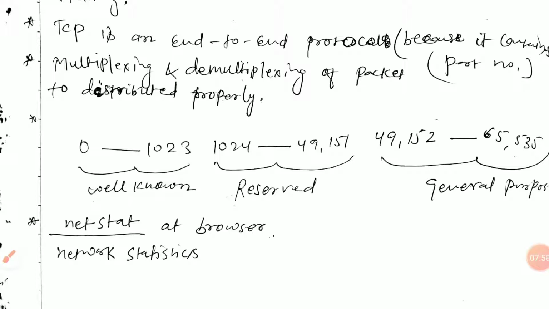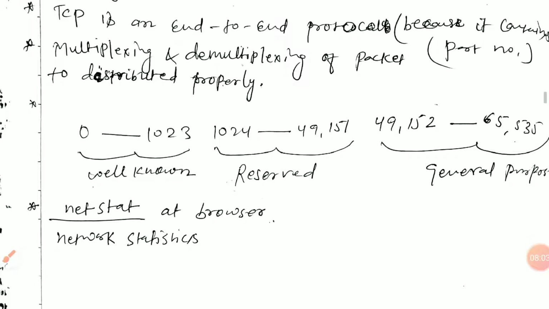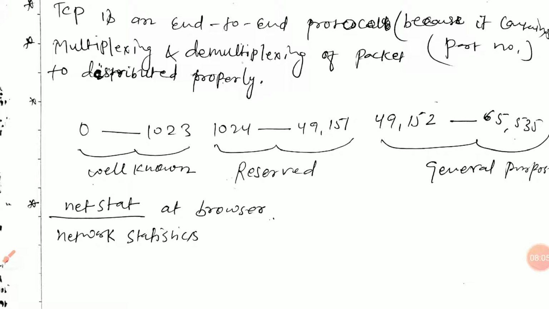And finally 49152 to 65535 are general port numbers. General port numbers are used whenever you want to communicate, with a source port number and a destination port number.